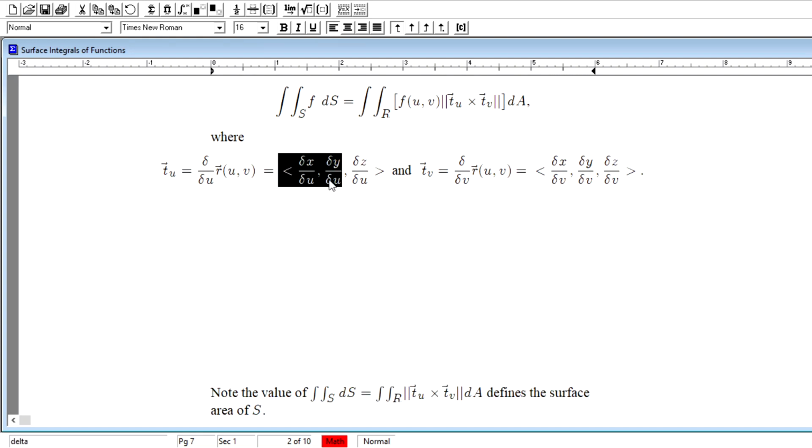And this calculation does begin with determining these vectors and determining the scalar multiple.